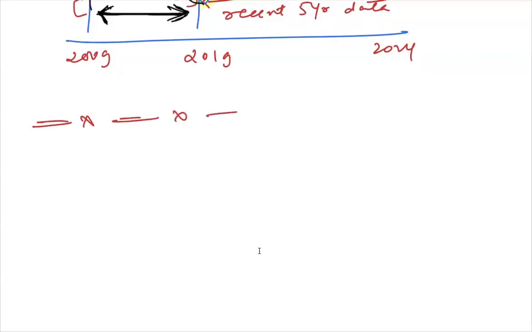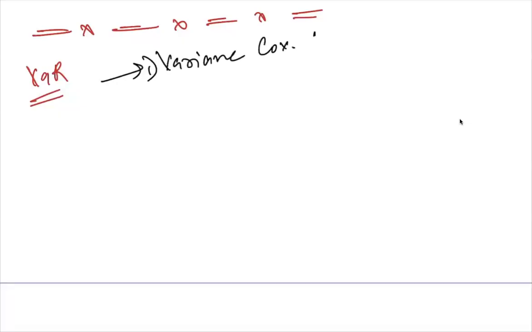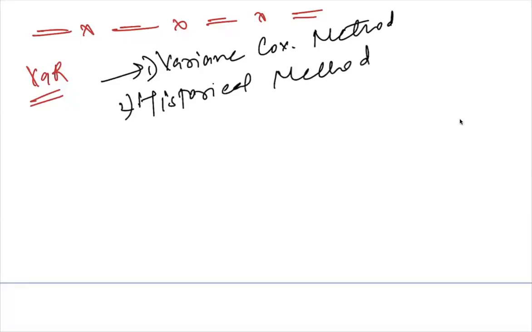Okay, now let me take certain doubts which I see on the screen. I see this question: why is volatility not considered in the value at risk calculation? Okay. So, as I said, for value at risk there are three different methods: the variance covariance method, the historical method, and the last one is the Monte Carlo method.